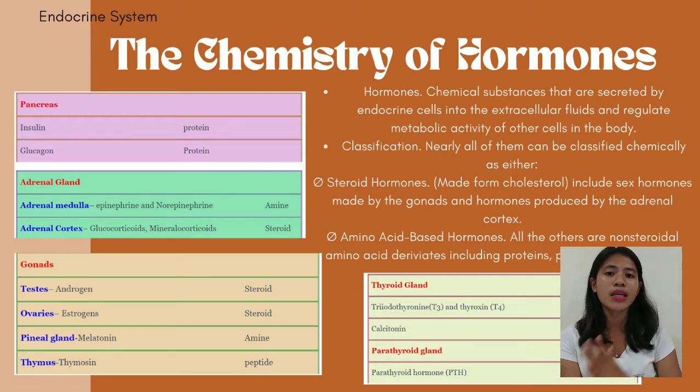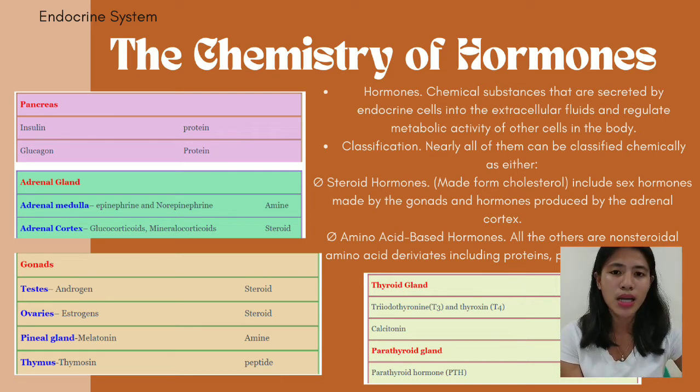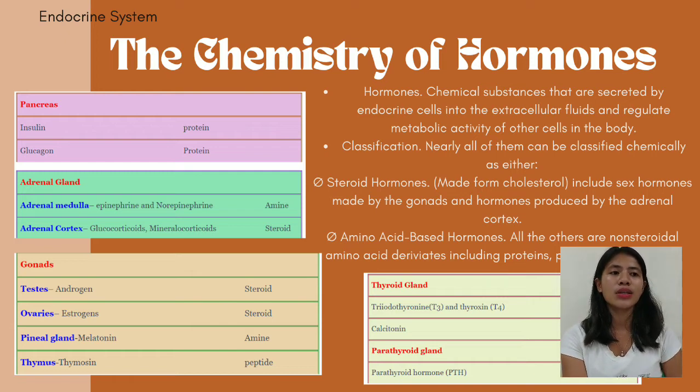So the steroid hormones, which makikita natin sa hormones ng mga babae sa ovaries, are made from cholesterol. So these include sex hormones made by the gonads and the hormones produced by the adrenal cortex. So these steroid hormones are chemical messengers that are released in one tissue and transported through the circulatory system to one or more other tissues.